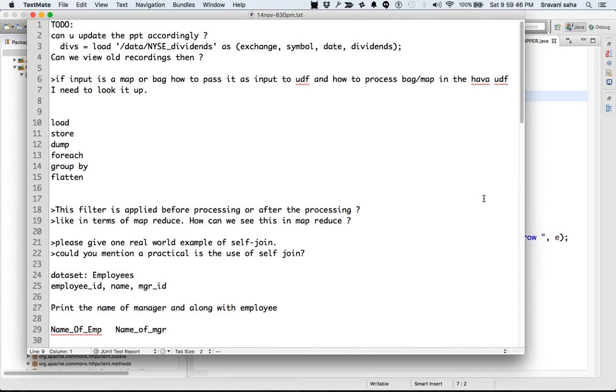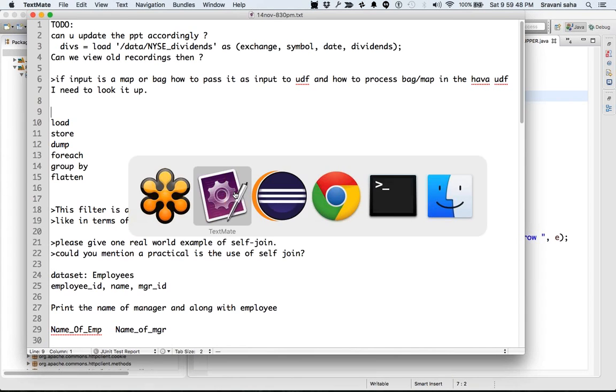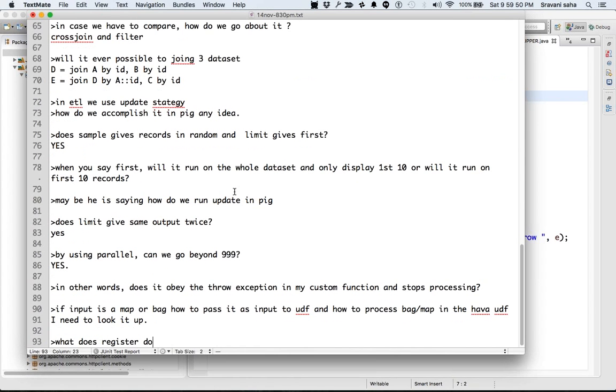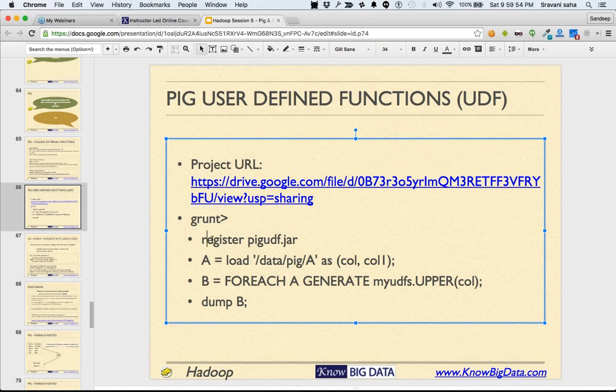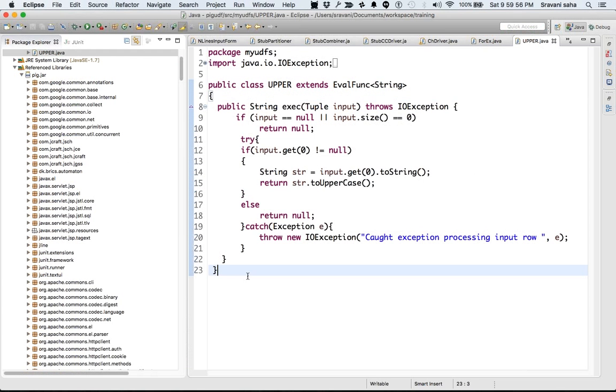Now this question is, what does register do? There are interesting aspects of register here. Register is registering our whole jar with Pig, meaning that whatever jar we had will be sent to all the nodes.